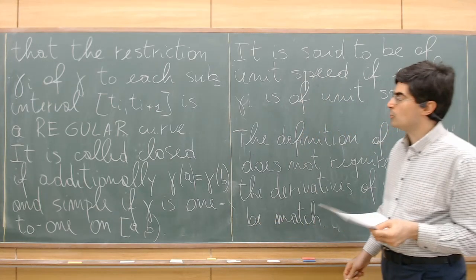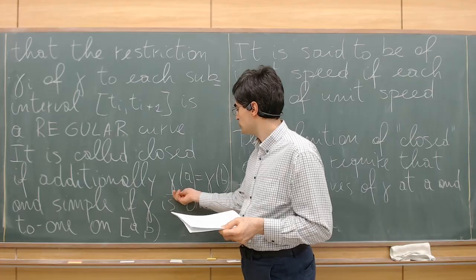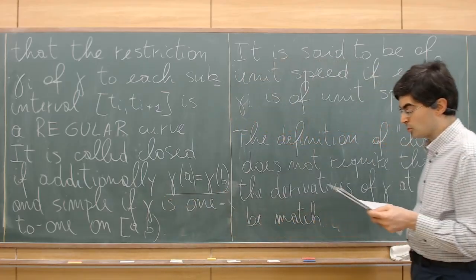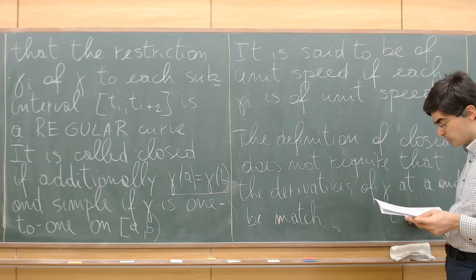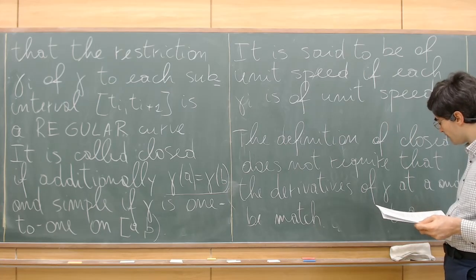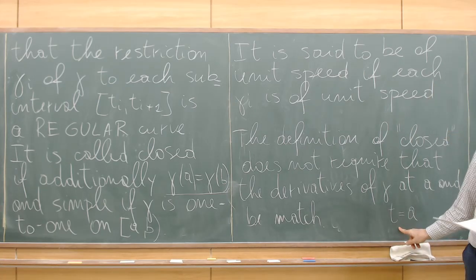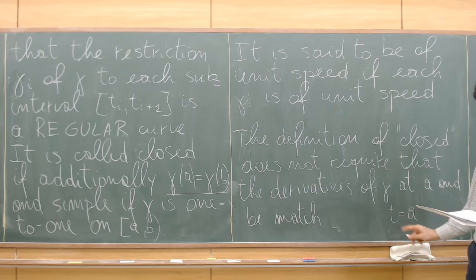We require only that gamma A is equal to gamma B. So this means that the point t equal to A can be one of the non-smooth points.